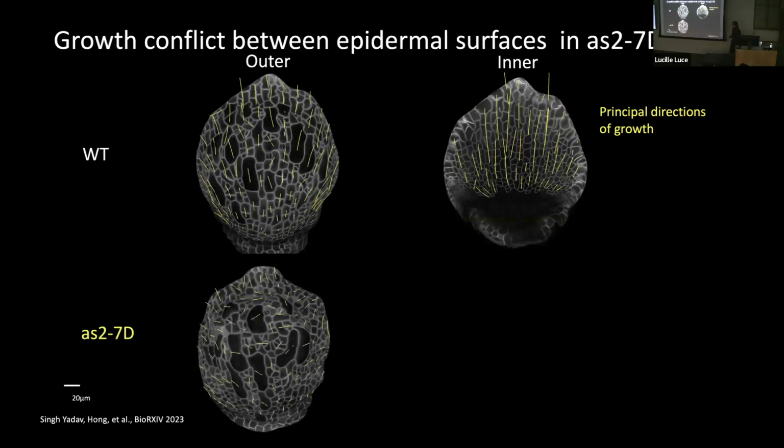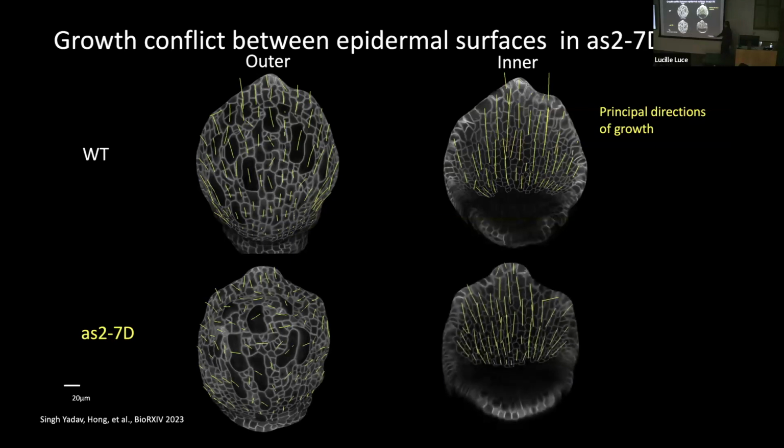If we look at AS2-7D, here's what's spectacular. The outer cells are not growing up. They're kind of messy, but they're growing much more in width. But the inside cells are still growing up. So we've got this conflict. The outside is trying to grow too wide while the inside is constrained. And that's how we're getting this compression.